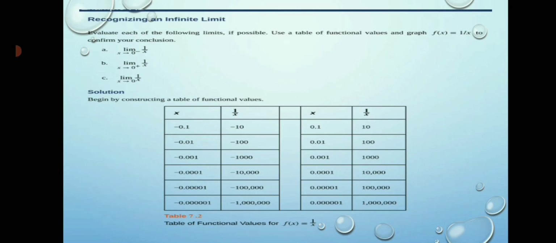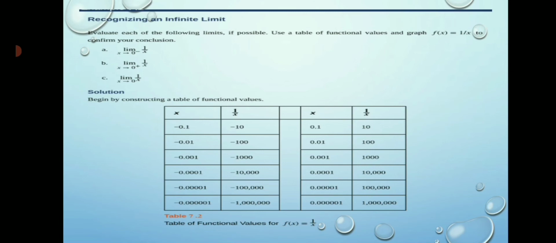In letter A, we have the limit as x approaches 0 from the left of 1 over x. In letter B, we have the limit as x approaches 0 from the positive side, or from the right, of 1 over x. And in C, we have the limit as x approaches 0 of 1 over x.